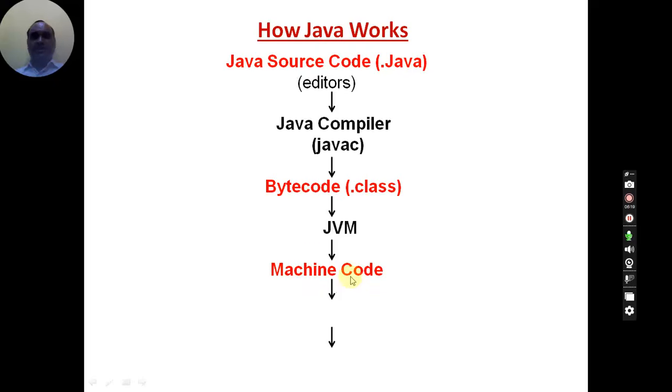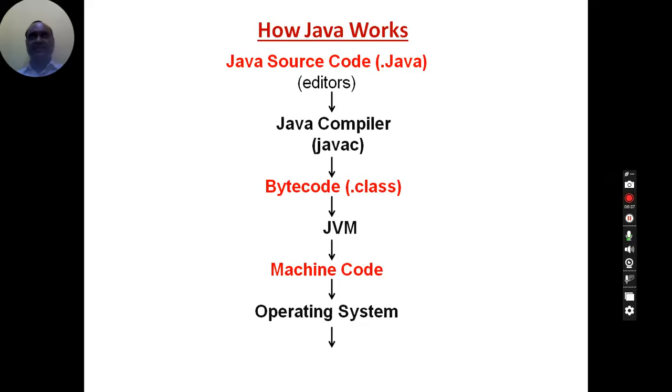Once the machine code is generated, this machine code contains pure binary code, that is, all instructions are in the form of ones and zeros. This machine code, instruction by instruction, will be given as input to the operating system.